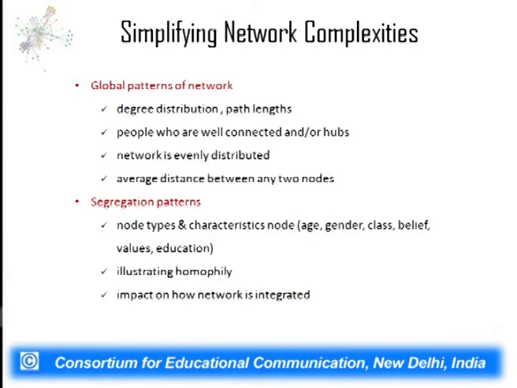When it comes to simplifying network complexities, graph theory helps a lot, as it helps to determine the global patterns of the network. Global patterns can be the path lengths between two or more nodes in the network, and what type of degree distribution it is following. Either it is a random distribution, or the distribution follows some particular mathematical formula, some mathematical distribution that is available.